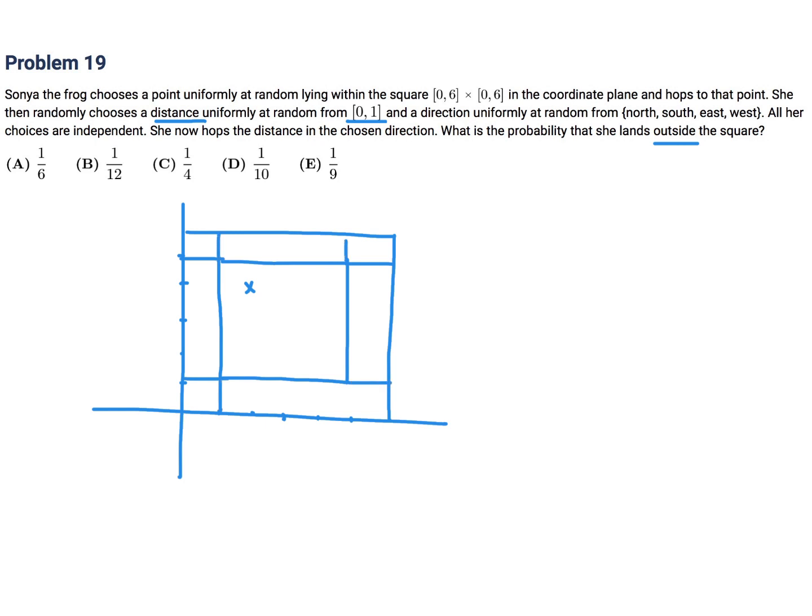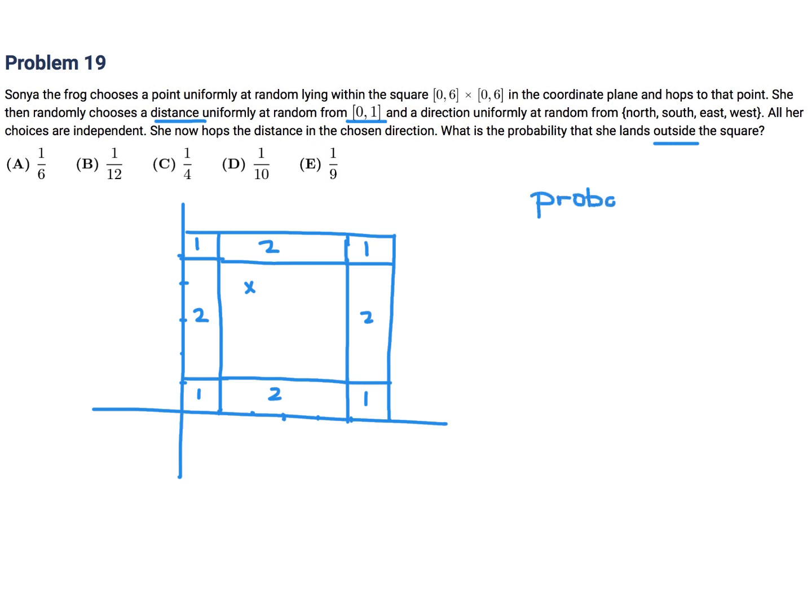So let's label this. This is the center. I don't really care about it, because there's no way that she can go out of the square if she's in the center. But if she's in region 1, which is the corners, or region 2, there is a chance for her to get out of that square. So that's what we need to discuss.